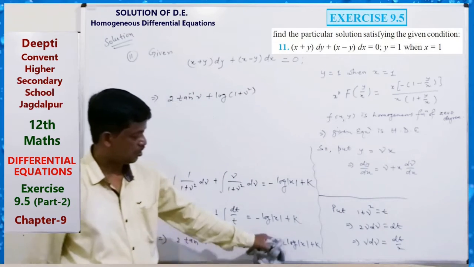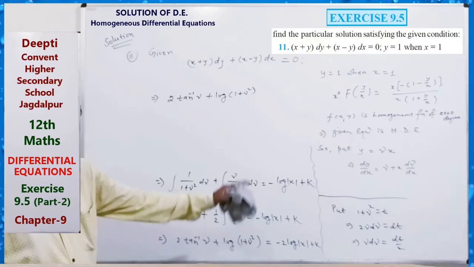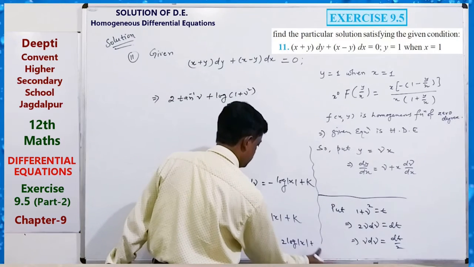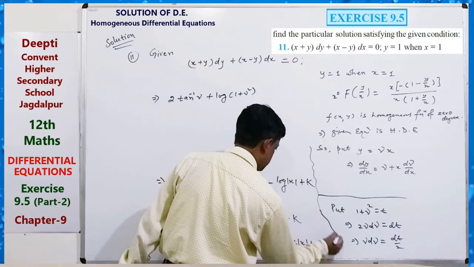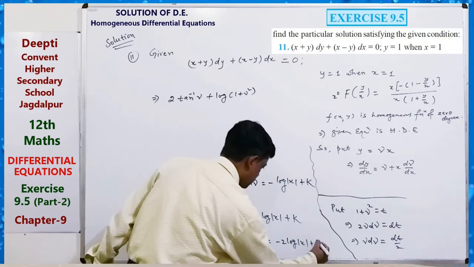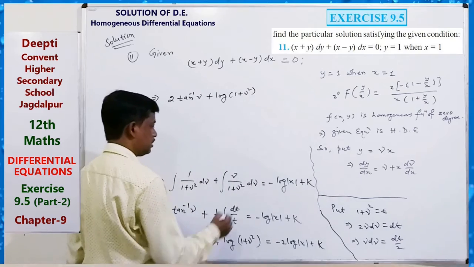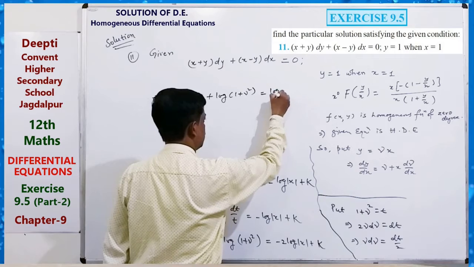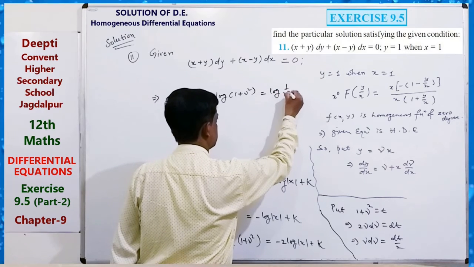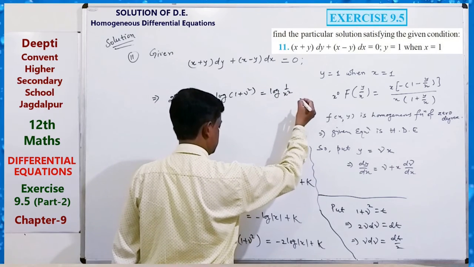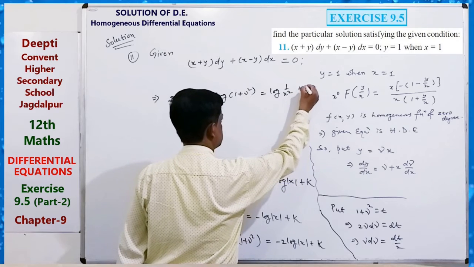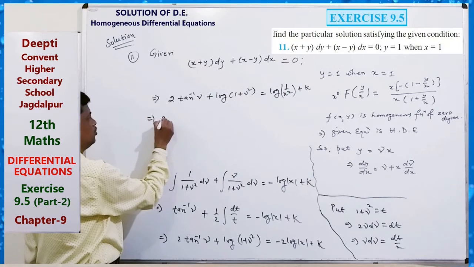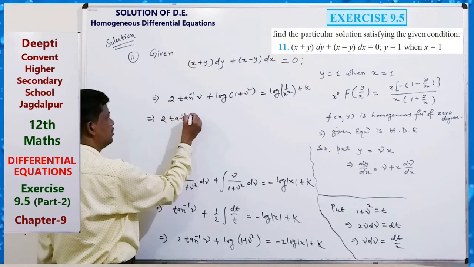Here we can see that log x to the power minus 2. So k constant, we can write like this: log 1 upon x square plus k. Clear?